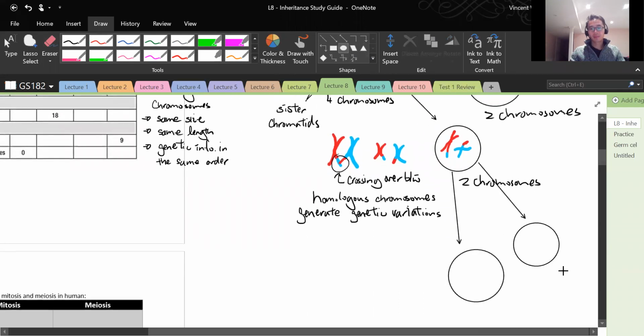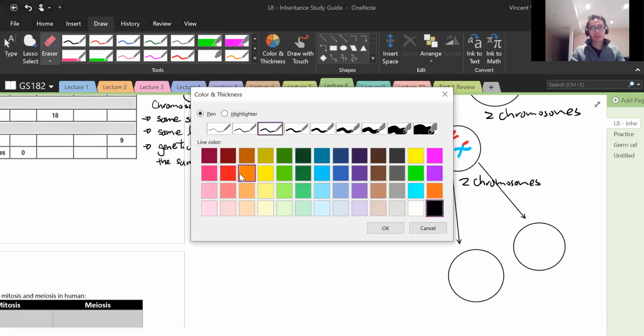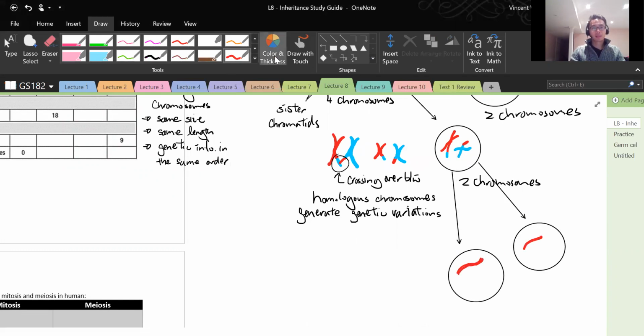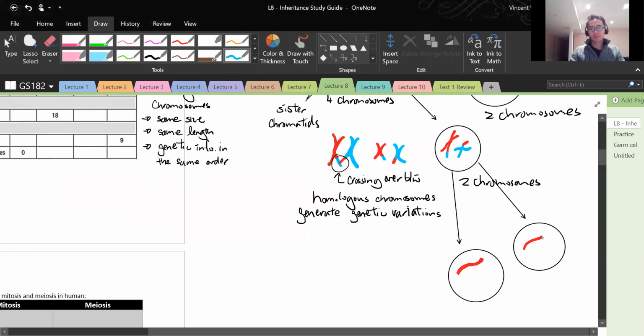So these 2 sister chromatids will get separated. One cell is going to get one of them, and the other one is going to get the other one, like that. And then the same thing for this chromosome.